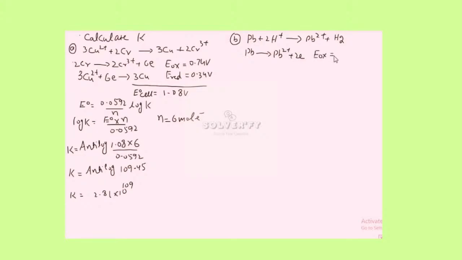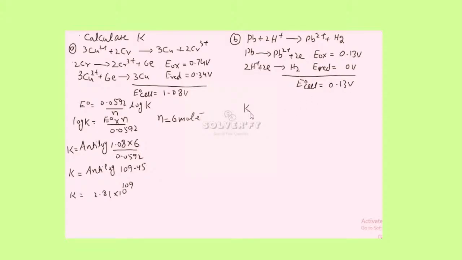E oxidation of the lead is equal to 0.13, while hydrogen ions gain the electrons released by the lead, forming hydrogen gas. As we know, E reduction of the hydrogen is 0 volt. So E naught of the cell is equal to E oxidation plus E reduction, which is equal to 0.13 volt.